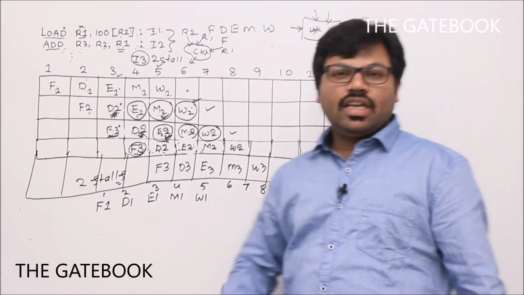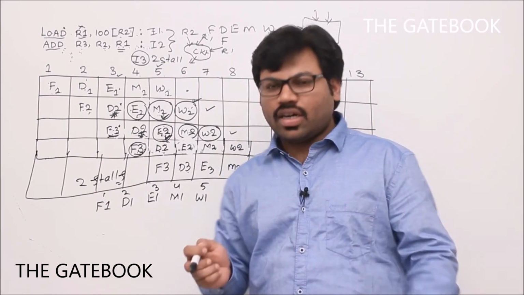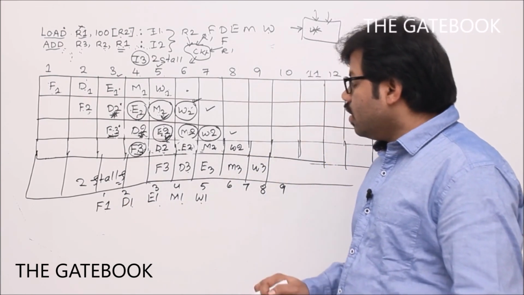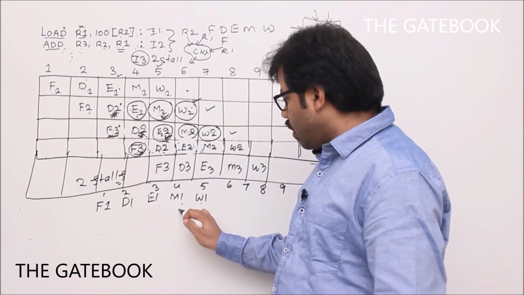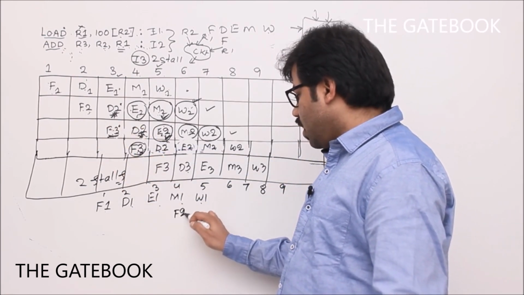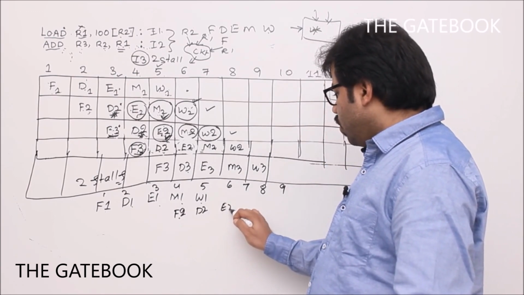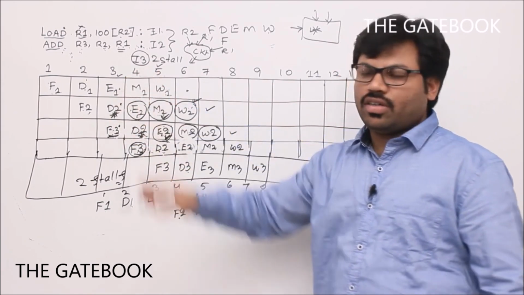From now onwards, in the GATE exam, whenever they say that there are two stall cycles, how to understand that is: see F1, D1, E1, M1, W1. The second instruction should seriously start at the 4th cycle. That means you can feel like this: if you write here F2, D2, E2, M2, W2, then that would be equivalent to this one, right?